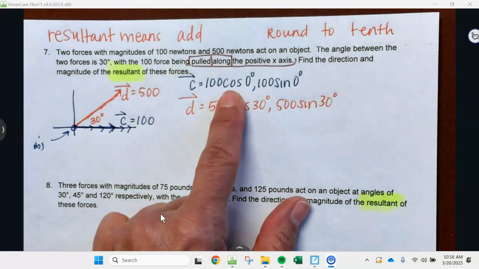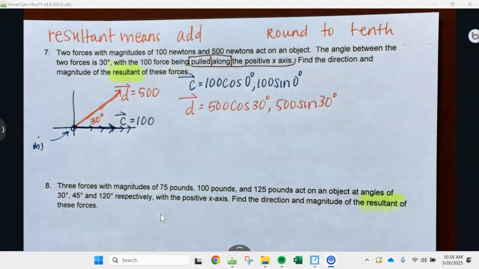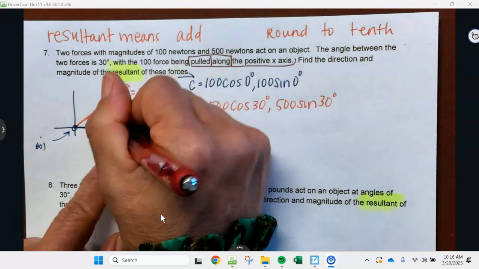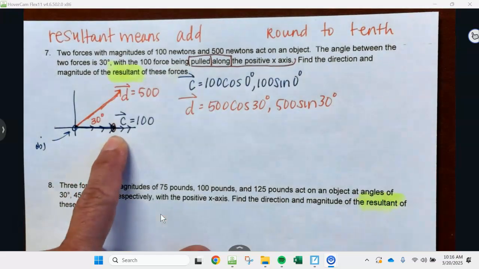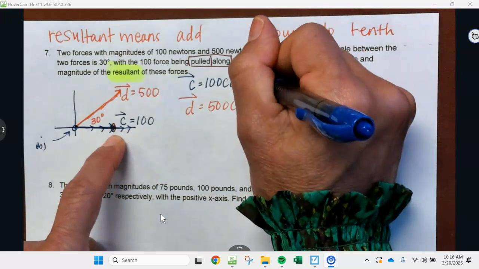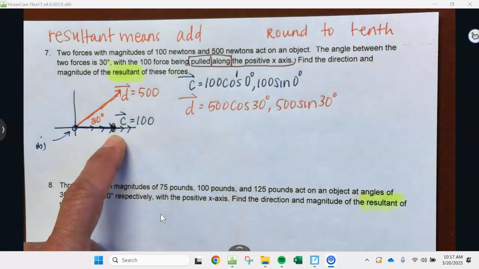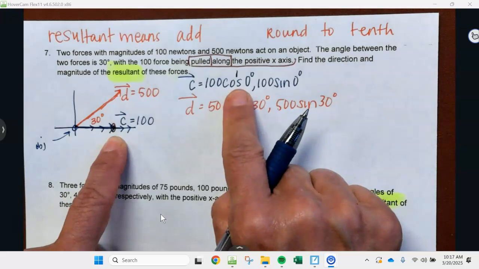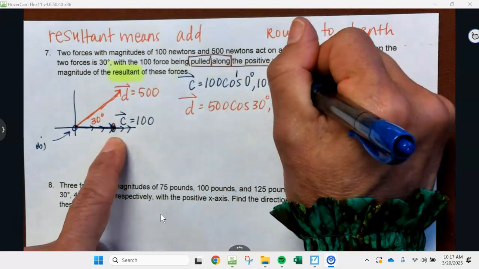Now remember, cosine 0, that's the beginning of the unit circle, right here. Remember the beginning of the unit circle, cosine has a value of 1. I'm just going to put it up here. Cosine at 0 is 1. Sine at 0 is 0.